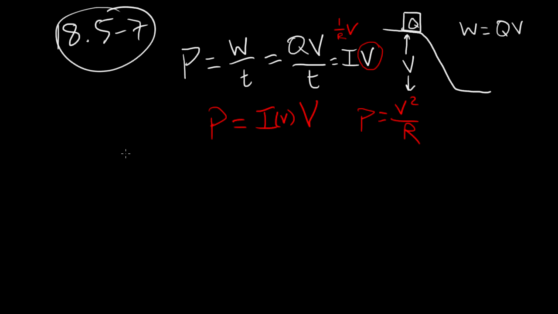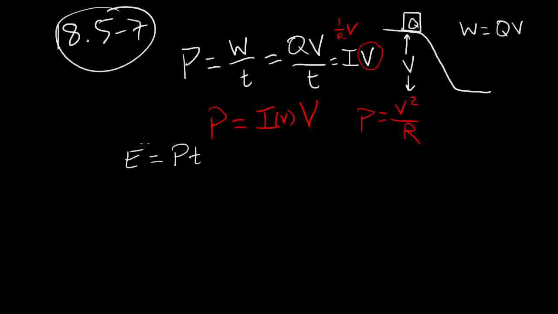So if you wanted to calculate the total energy used by a resistor in a time, the energy is power times T. Remember, work and energy have the same units, and they're very similar. Work is defined as the energy put into a system. Work done on a system is defined that way.